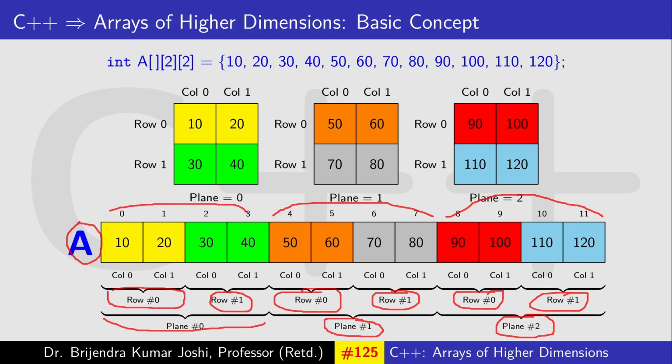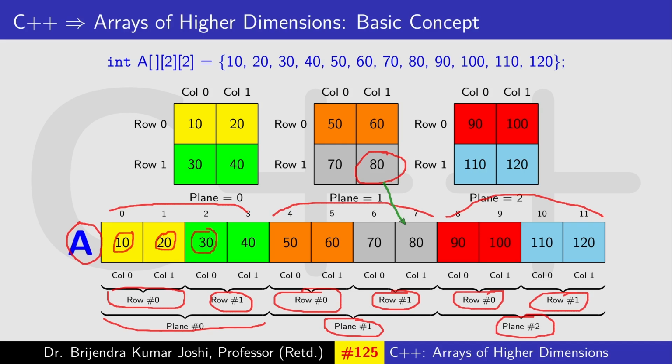So again, suppose I want to reach 80, which is this element here, how far is it from the beginning? The distance is 7, counting begins from 0. So 10 is at the beginning, 20 is one element away from the starting of the linear memory, 30 is at distance 2, and so on.